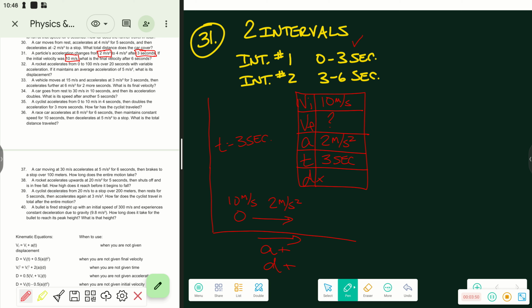Okay, so to solve for what the final velocity is in the first interval, its final velocity equals initial velocity plus acceleration times time. Final velocity is 16 meters per second. Okay? So that's your interval 1. Right? Now, interval 2.